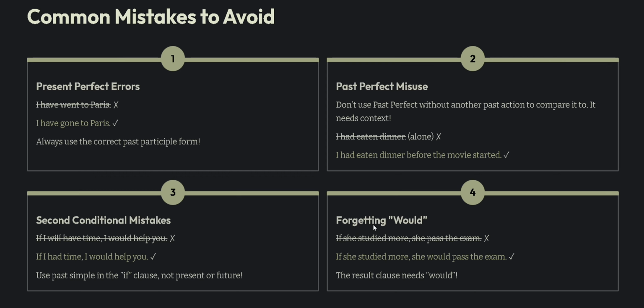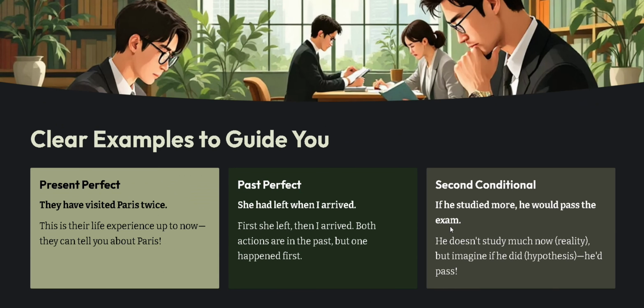Another mistake is that you forget the would. If she studied more, she passed the exam. That's not correct. You need to put if she studied more, she would pass the exam.